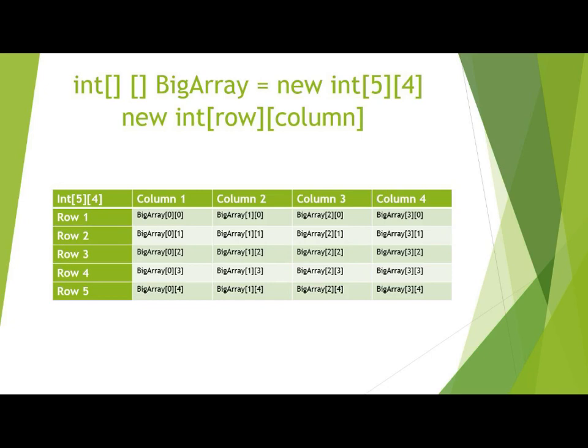So I went ahead and did 5 rows because we have 5 students, and I have a typo here. It's not 4, it should be 3, but if it was 5 rows and 4 columns, that's how you declare it. So always remember, your first index in a multi-dimensional array is how many rows, and the second index, which is a 4 in this example, is how many columns. So always remember that, and that should help you out.